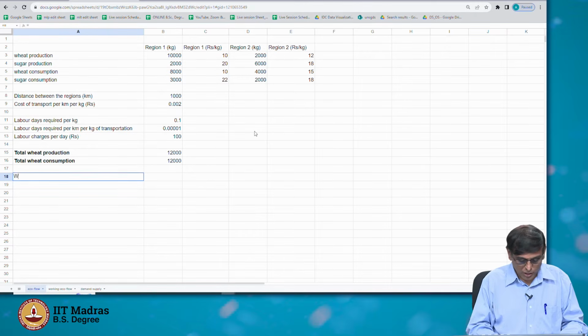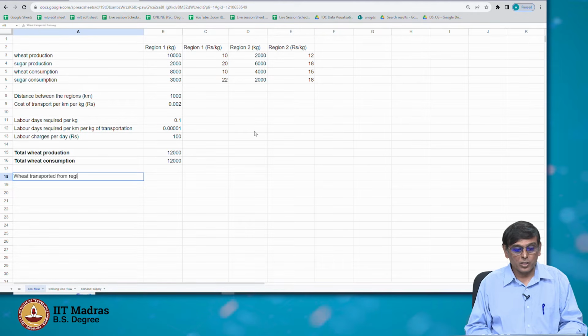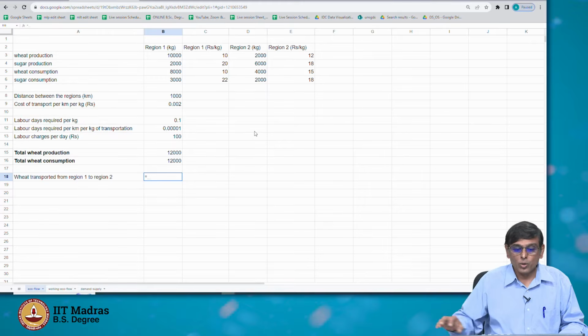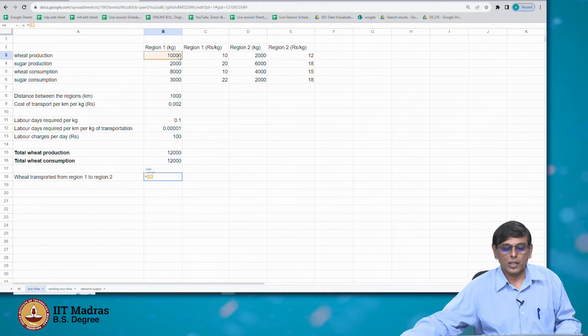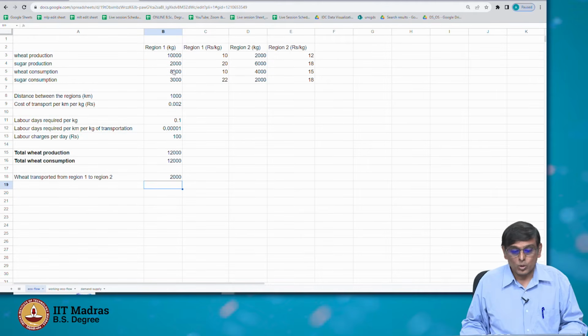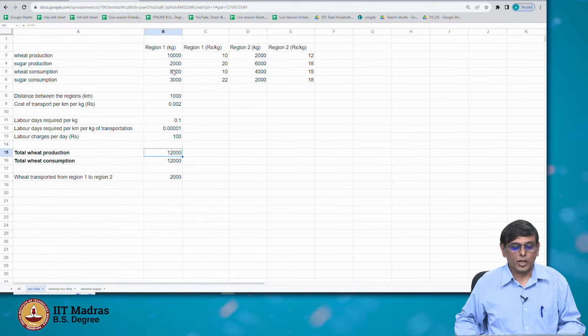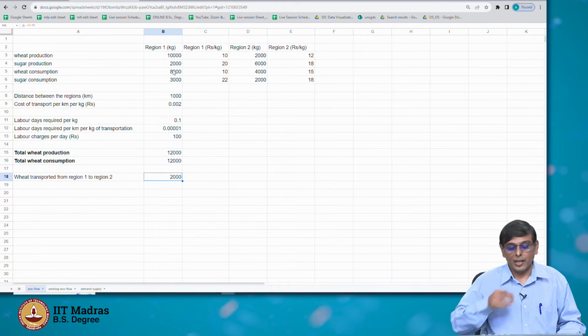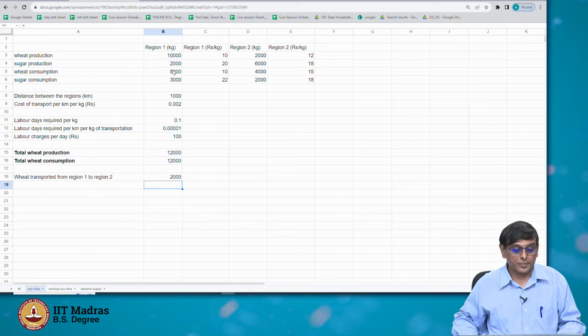Wheat transported from region 1 to region 2 is 10,000 minus 8,000, which is 2,000 kilos of excess production. Because production and consumption are equal, the excess production was completely transported to region 2 and consumed there.